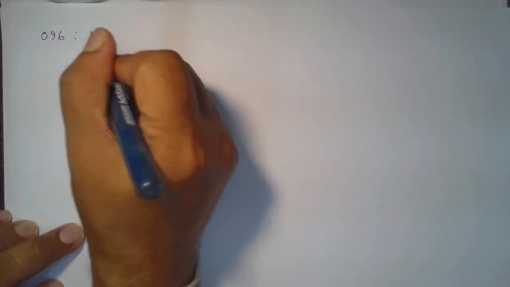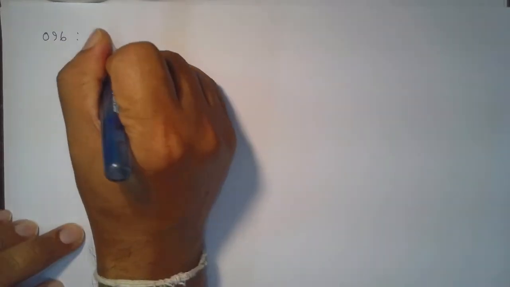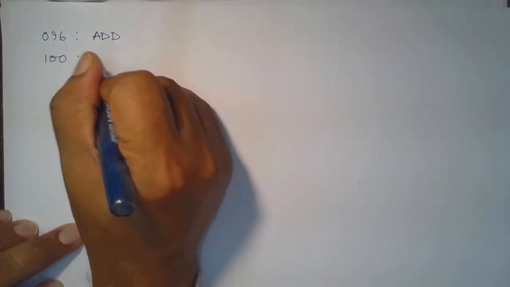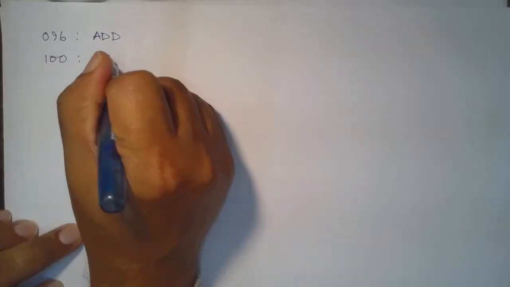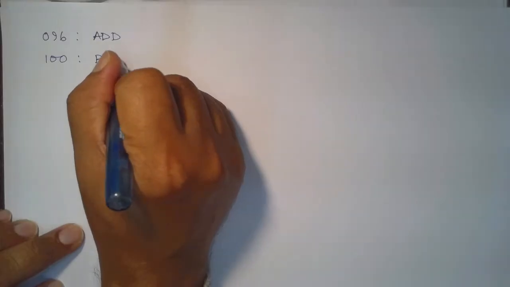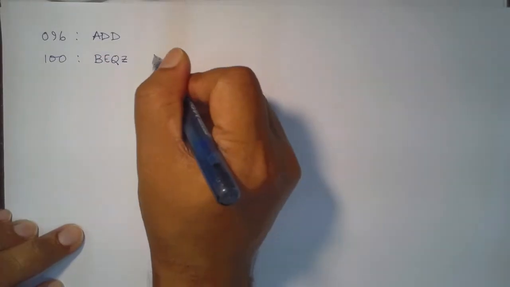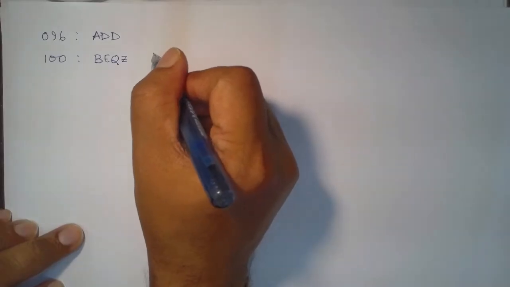So let us say we have another code snippet which looks like this. This is the address, and here we have add, then at 100 we have branch if equal to 0.